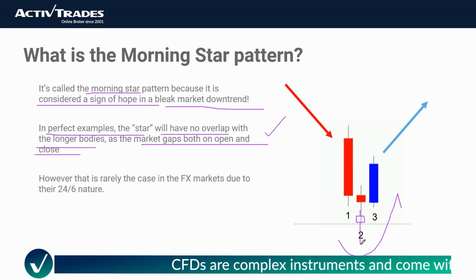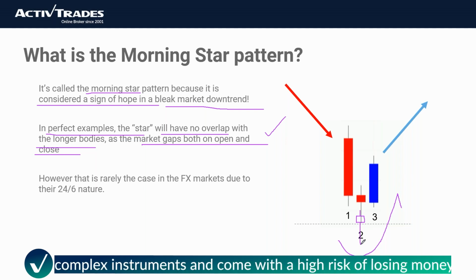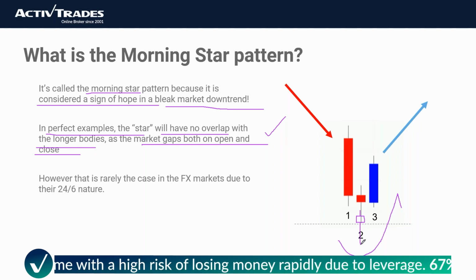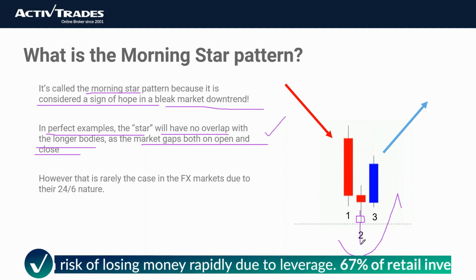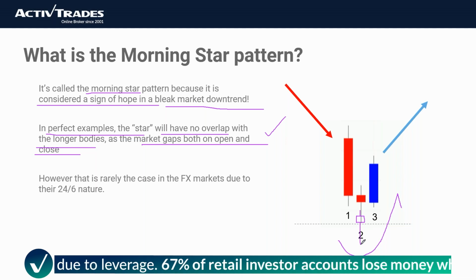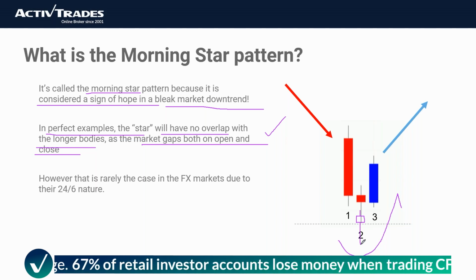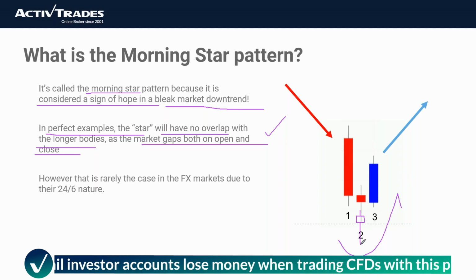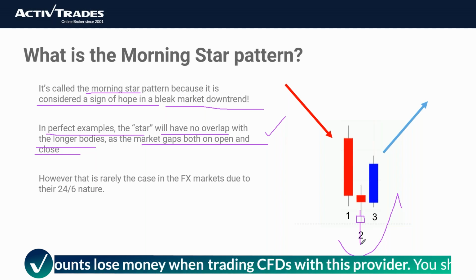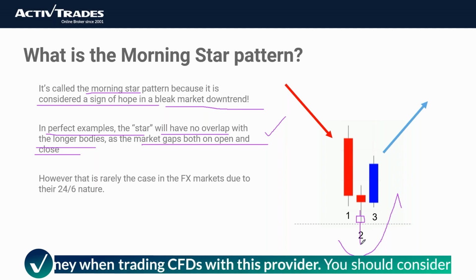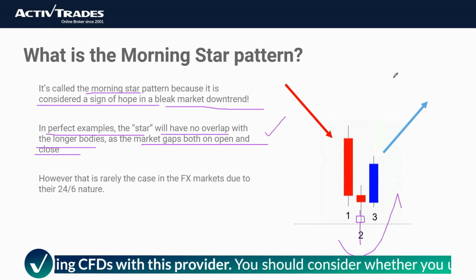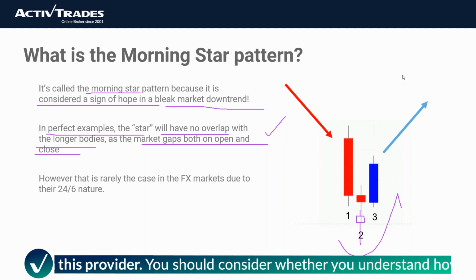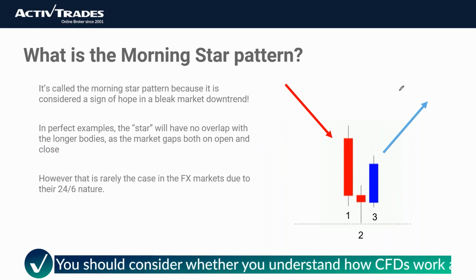I'm not saying that it couldn't do that, but the probability is very, very low. So it's a case of working with what the market prints for us. Within FX markets, where the majority of my own trading gets done, it is very rare that you will see candle 2 gap away from candle 1 and candle 3. It can happen, but it is exceedingly rare. But it will happen in equities and commodities markets quite regularly.